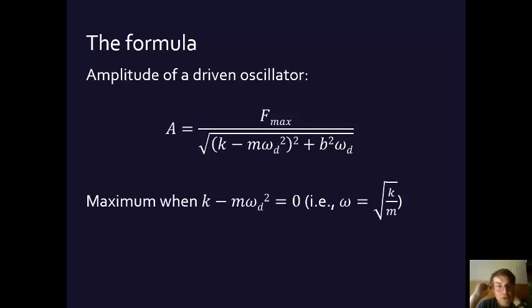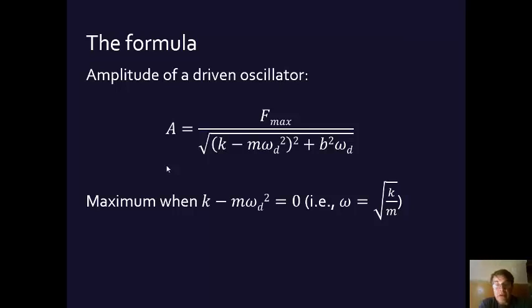So the maximum is going to be where this term becomes 0. That's going to be the maximum amplitude when this term becomes 0. So when k minus m omega d squared equals 0, if we solve for omega d, that's when omega d equals the square root of k over m.